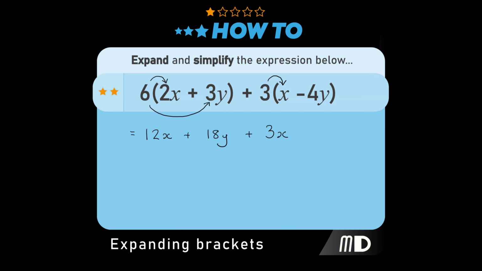And 3 multiplied by minus 4y is minus 12y. The second expanded expression is 3x minus 12y. The entire expression is 12x plus 18y plus 3x minus 12y.